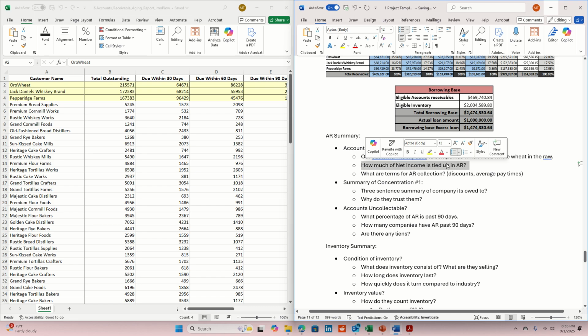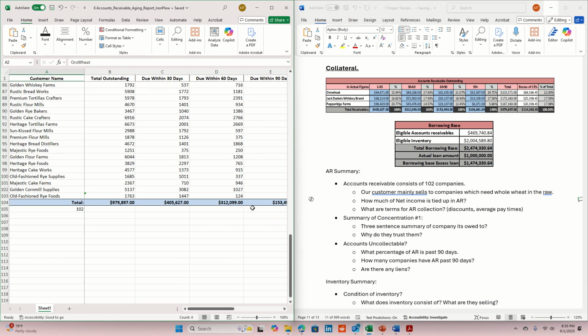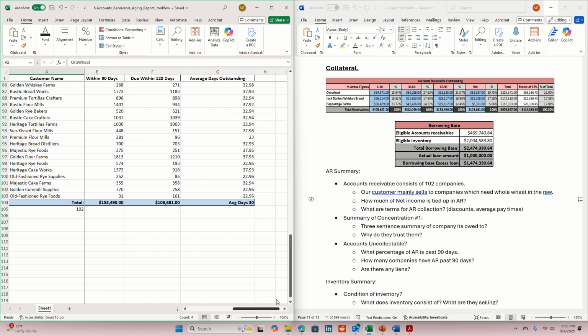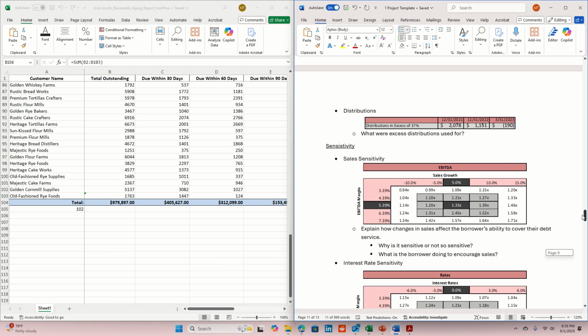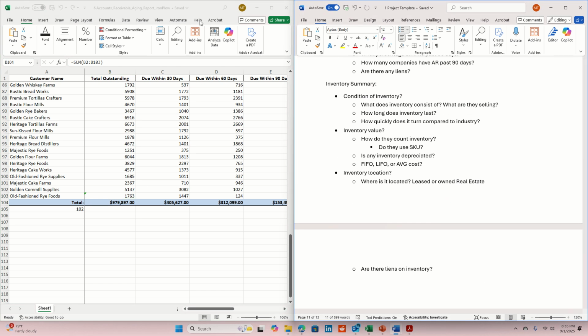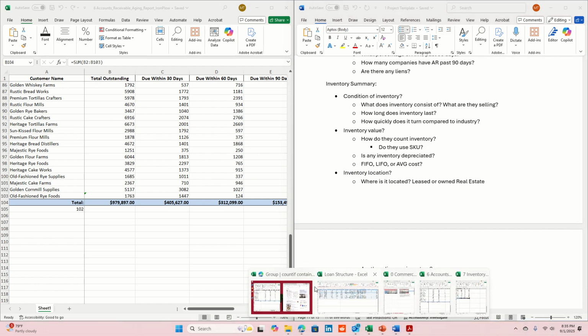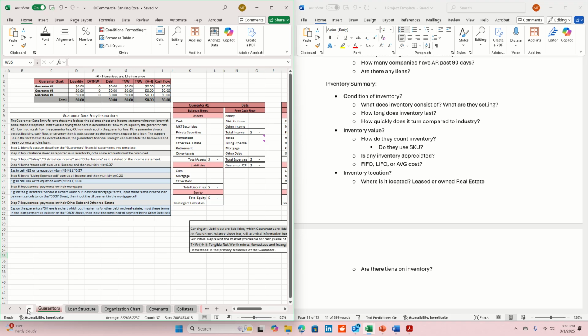How much of net income is tied up in accounts receivable? So, as of right now, we have $979,000 worth of accounts receivable, and we have, here we go, commercial banking.